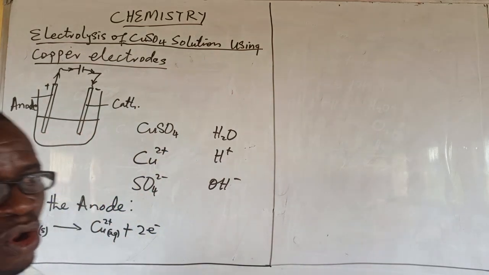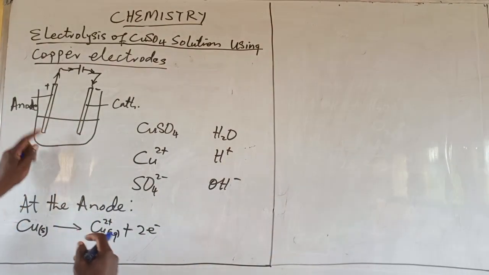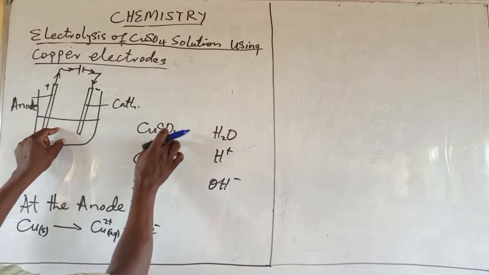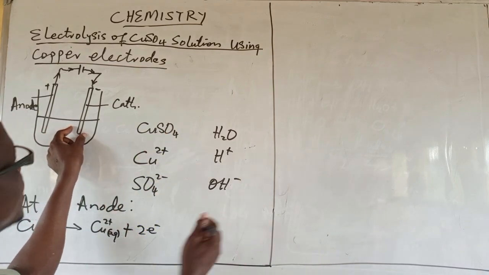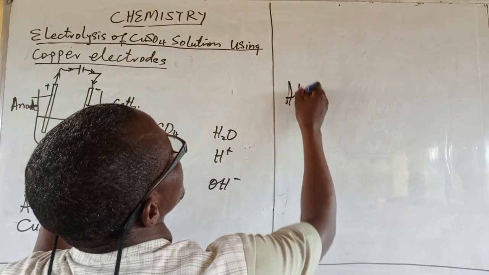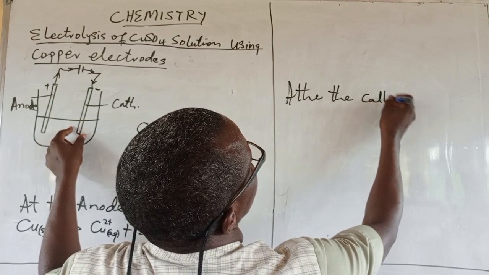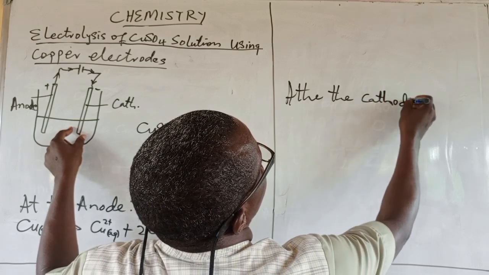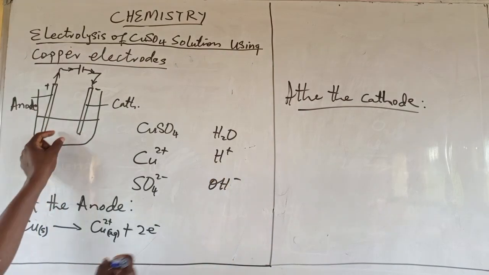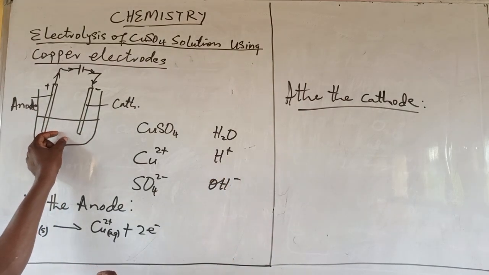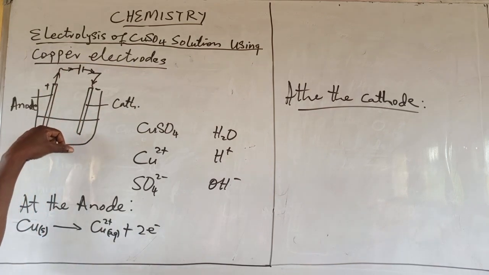Another one, simultaneously. Simultaneously means at the same time. Simultaneously, another one from the solution will move to the cathode. What happens there is that the copper(II) ion in the solution will go there to collect those electrons that are flowing down.